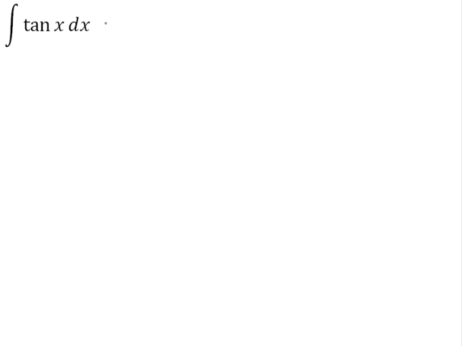Well, let's rewrite this and say it's the integral of sine x over cosine x dx. And so let's use u substitution here, and we have to identify what's the inner function. How is this a composite function? And you might think, well, it's not a composite function, it's a quotient of 2 functions. And yet, it is a composite function.